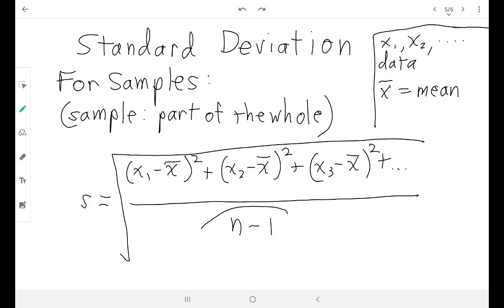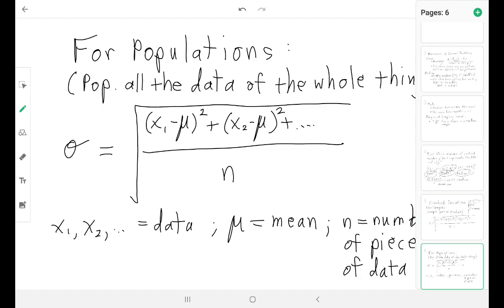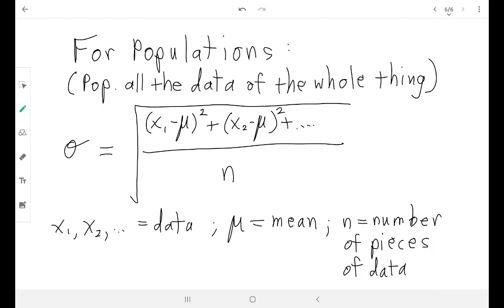Now, when you have a sample, you take one less than the total number of data, and what this does is it helps account for error. But in a population, you don't need to account for error, so you just use the total number of pieces of data, okay?